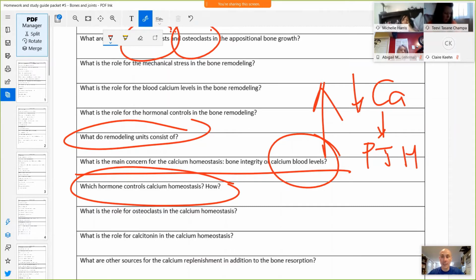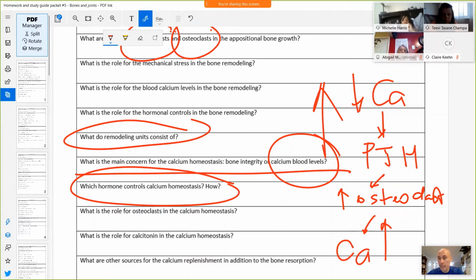Parathyroid hormone does a lot of things. For our intents and purposes, we need to remember that it increases osteoclast activity. Does that make sense? So osteoclasts start to remove more bone. They deliver that calcium into the blood, and calcium in the blood is restored.